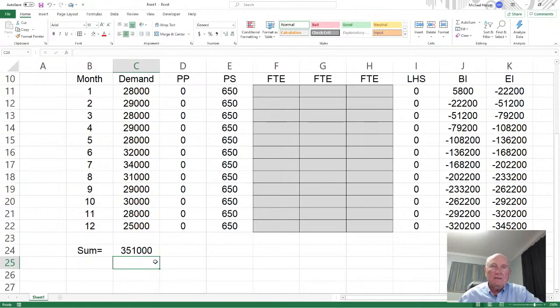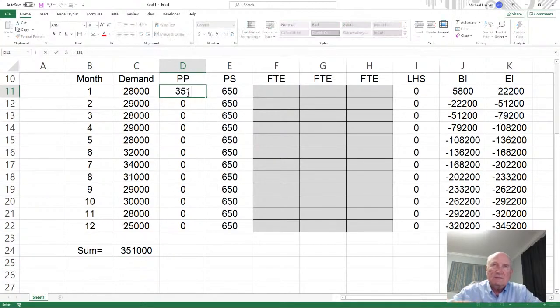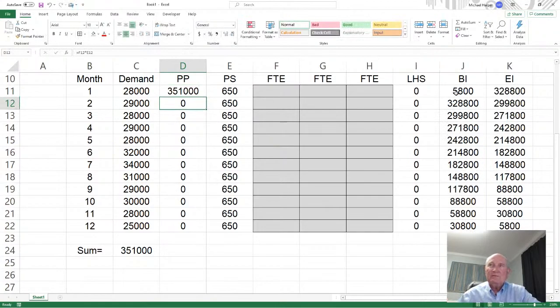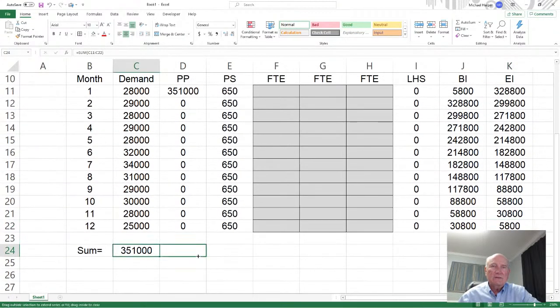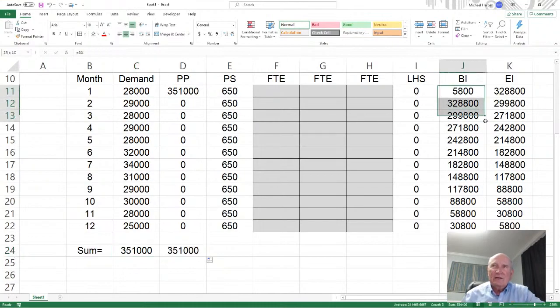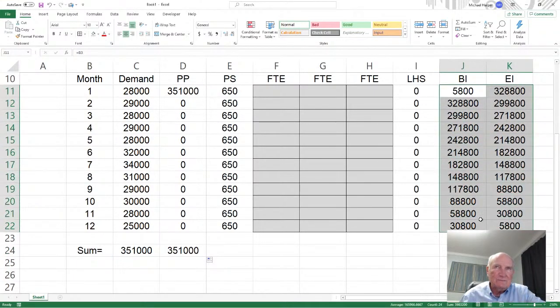Okay, and in order for the ending inventory to be 5,800, we have to produce 351,000. Could be anywhere. If I put 351,000 in, then notice what happens is all of a sudden it starts at 5,800 and down here it ends at 5,800. This is not what we're going to be doing. We're not going to produce everything in the first month. But that just illustrates right here that my inventory is all together. Okay, it's pretty much all together.